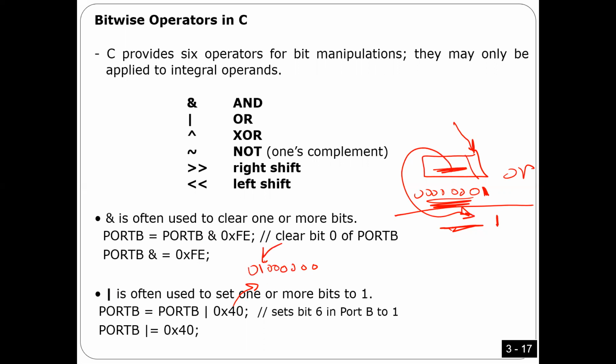So here I'm going to set this bit, which is bit number 6, and all the other bits stay the same. So I'm going to use an instruction like this one to turn the LED on, to set one bit. Again, this instruction you can write it this way. This one or this one is exactly the same in C language, just compact.